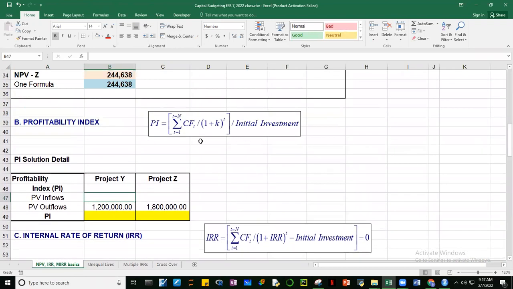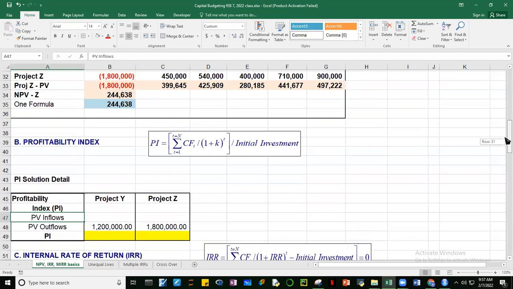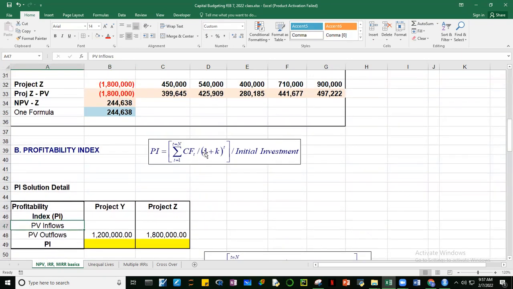So the formula for your profitability index is simply, okay, so this is the net present value, right? This is the net present value divided by your initial investment. So we have to get the present value of the inflows.